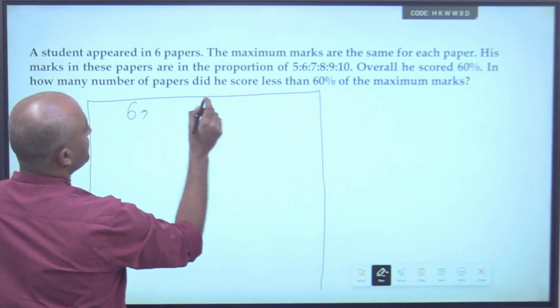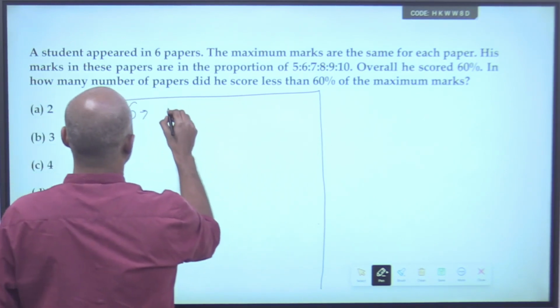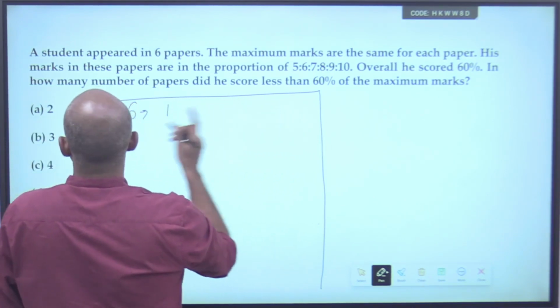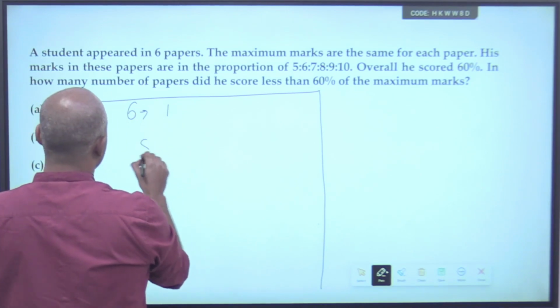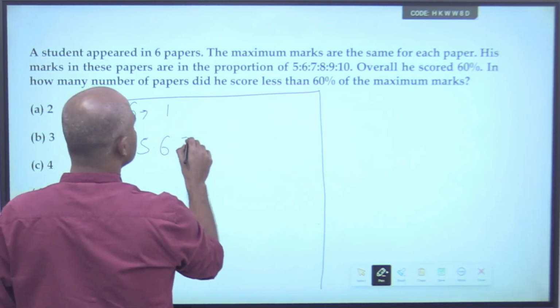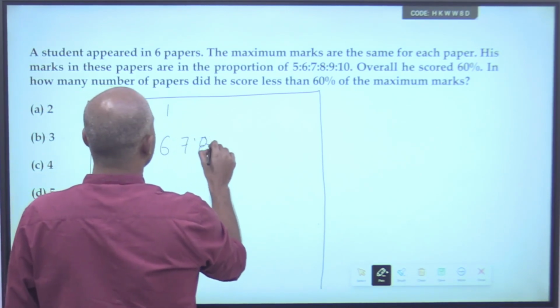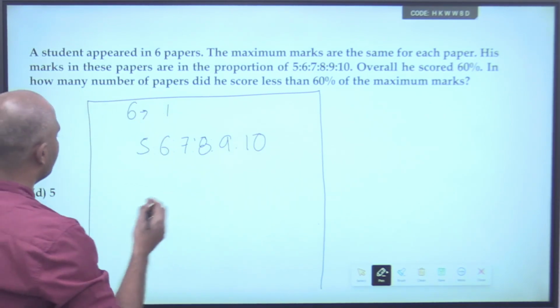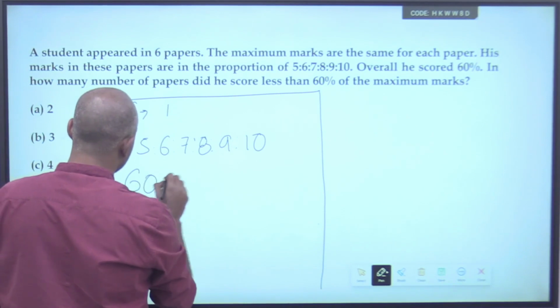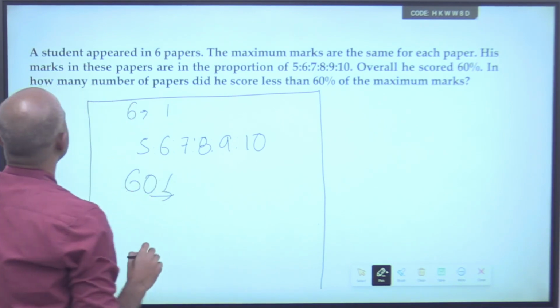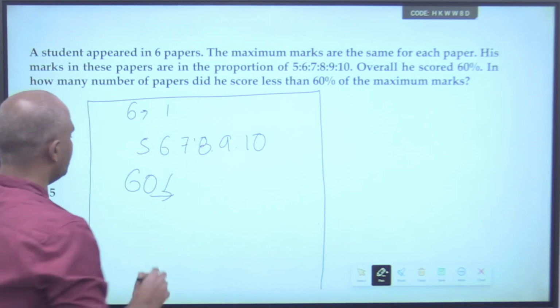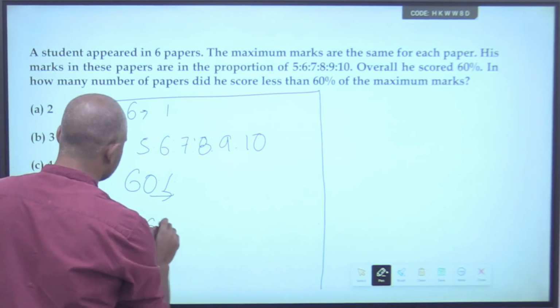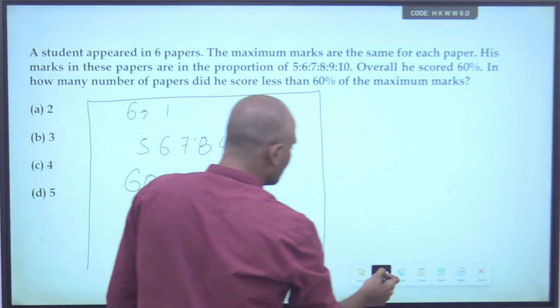The maximum marks are the same for each paper. His marks in these papers are in the proportion of 5:6:7:8:9:10. Overall, he scored 60%. In how many papers did he score less than 60%? That is what is being asked.